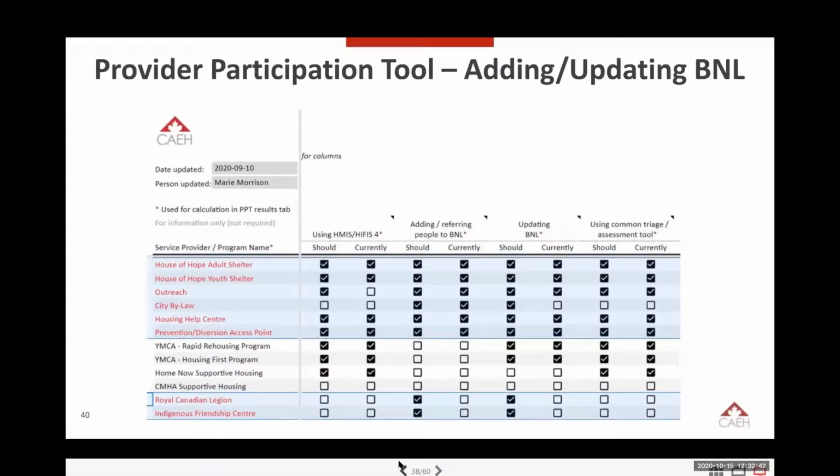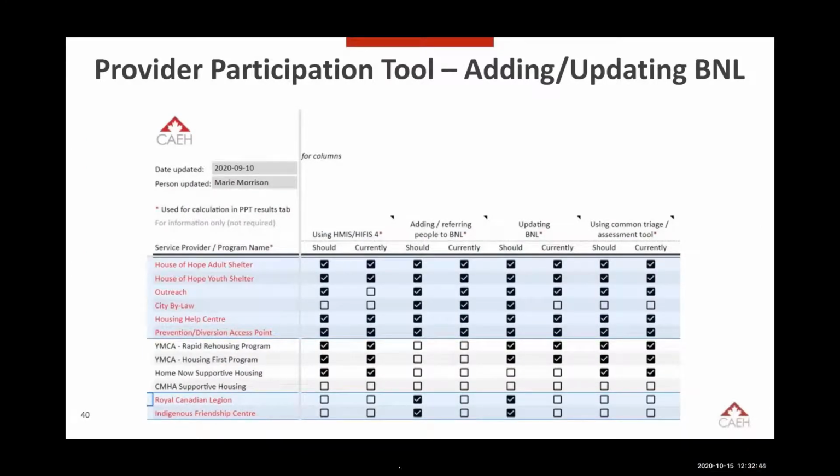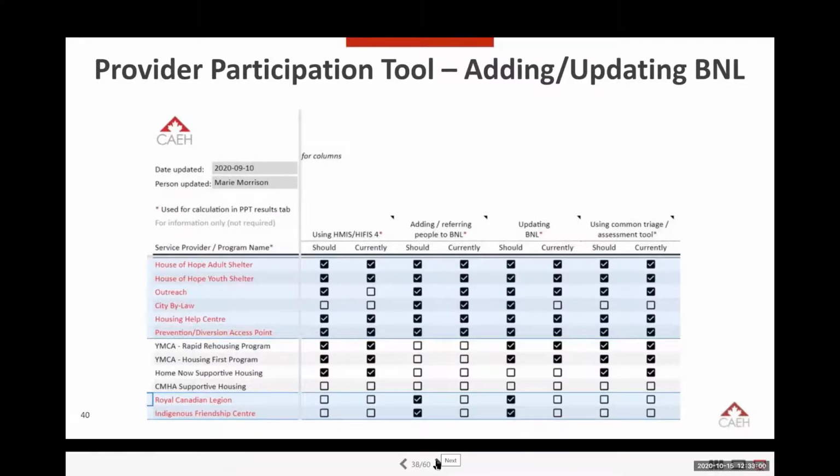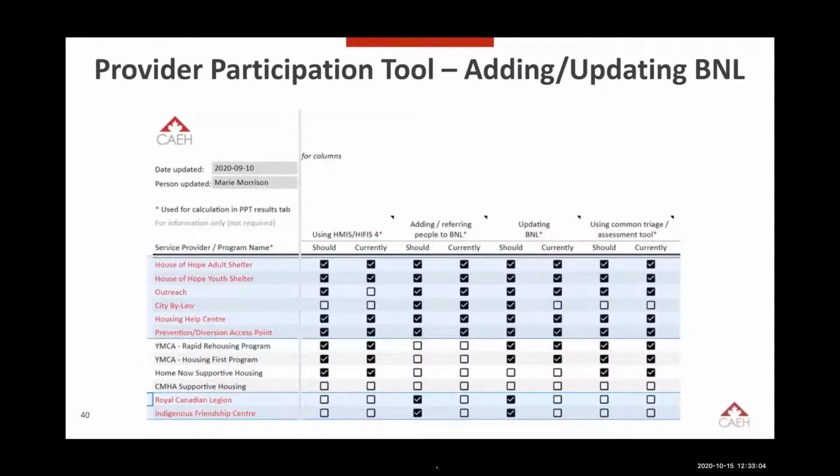Great. The next part of the provider participation tool looks at who you would identify should be serving as access points by adding or referring to another access point and or updating your by name list or coordinated access list, and those who are currently doing so. So checking both the should and the currently boxes is needed for calculations on the results tab.